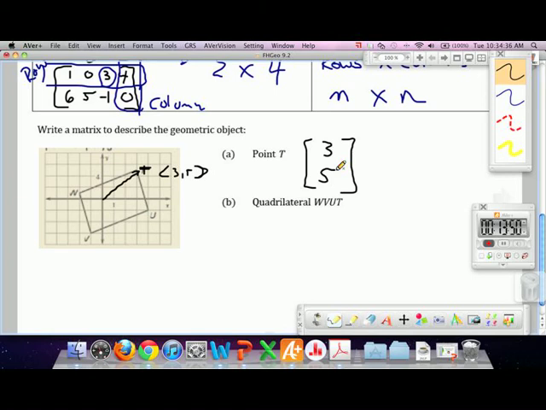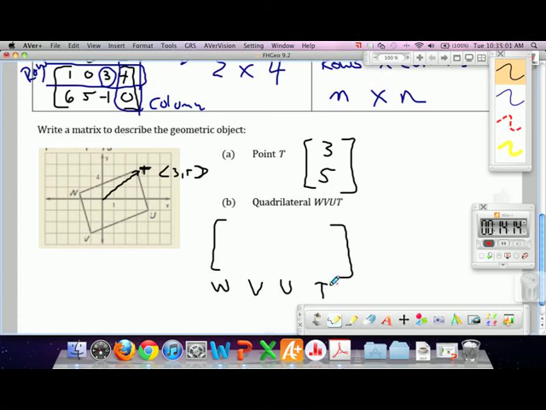So if I want to represent this whole quadrilateral, W, V, U, T, as a matrix, I can represent it as a collection of these column vectors. If I can write the column vector for W, for V, for U, and for T, I can collect them as one big matrix.